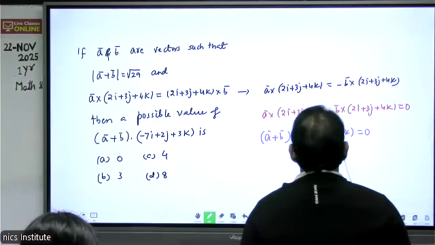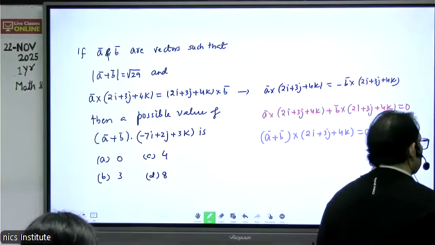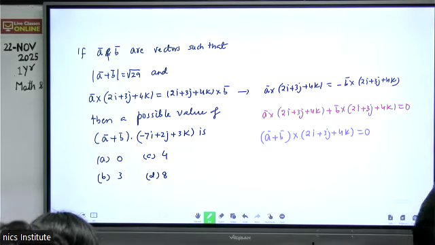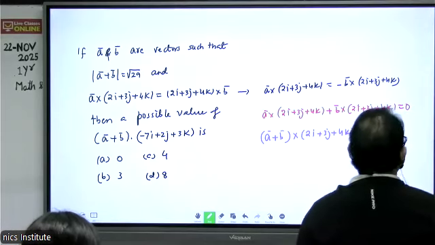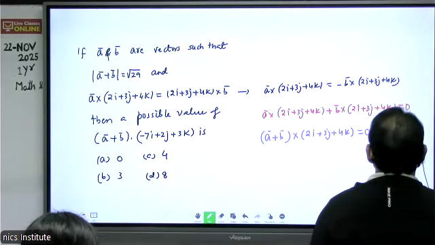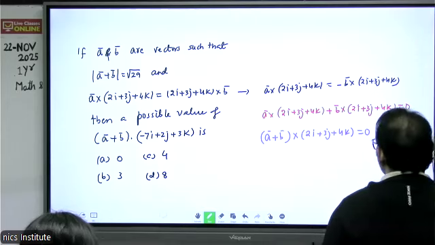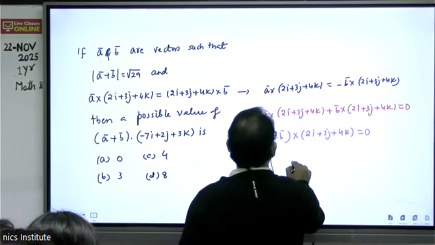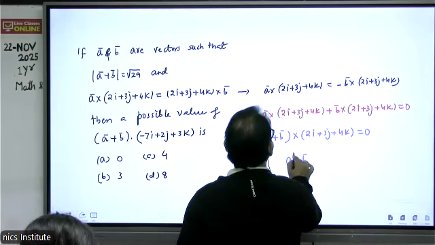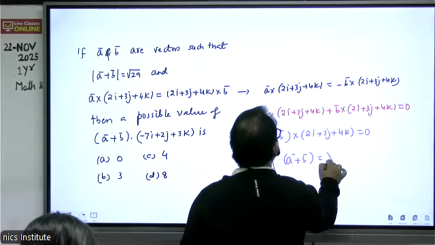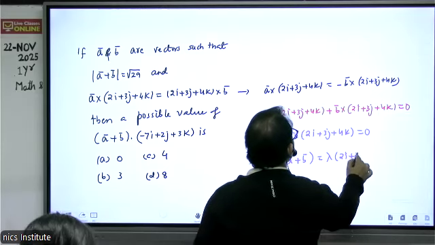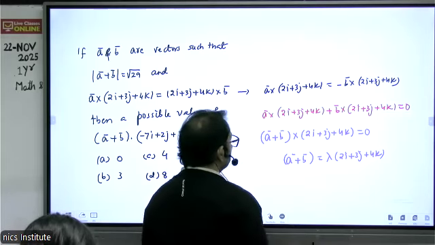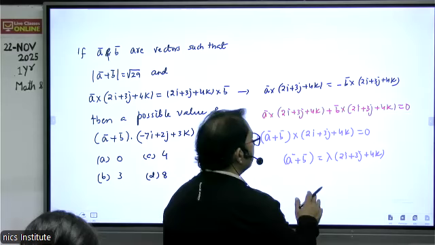A plus B cross something is equal to 0. When does it happen? Yes, when two vectors are parallel, their cross product is 0. That means A plus B is parallel to this. That is, A plus B would be some scalar multiple of 2i plus 3j plus 4k. Whenever two vectors are parallel, one vector is scalar multiple of the other.